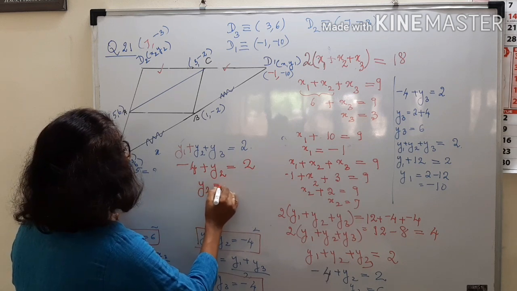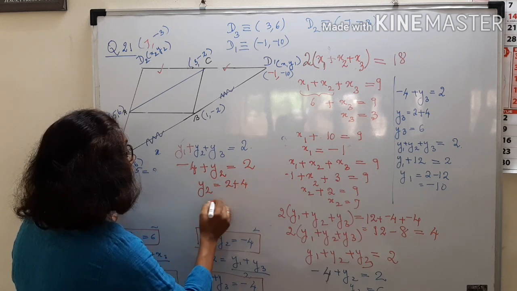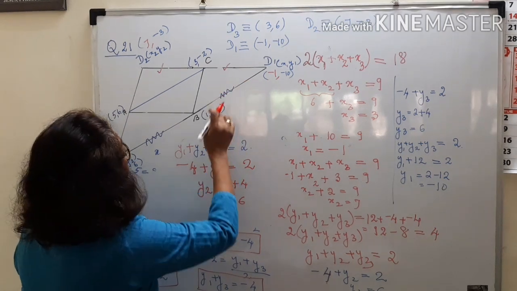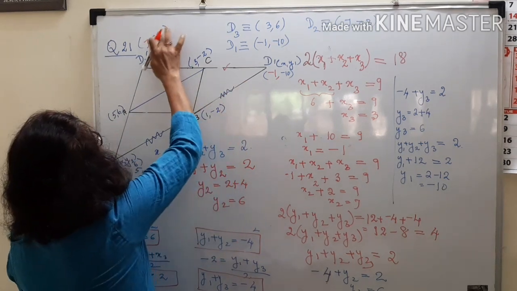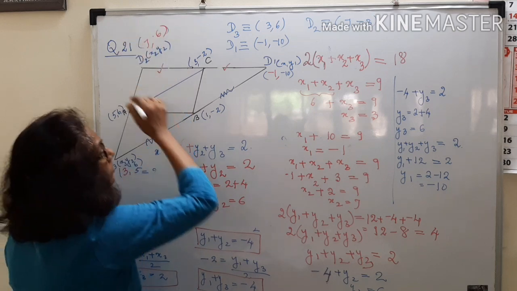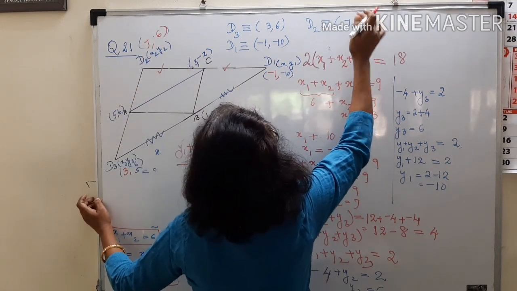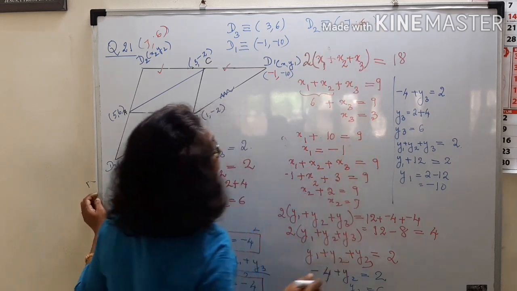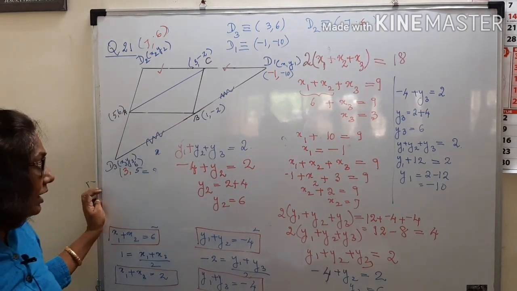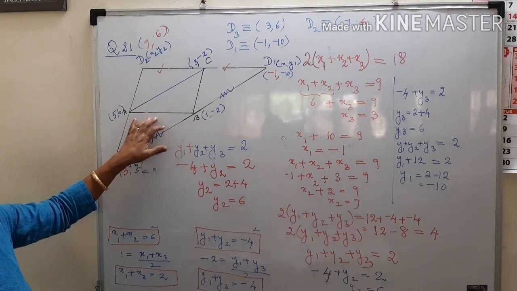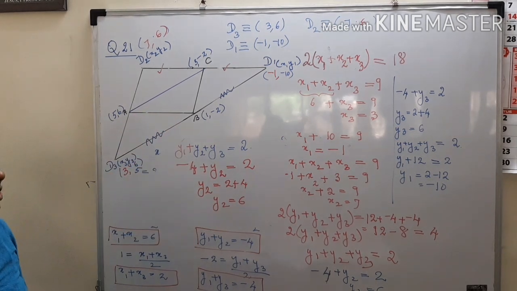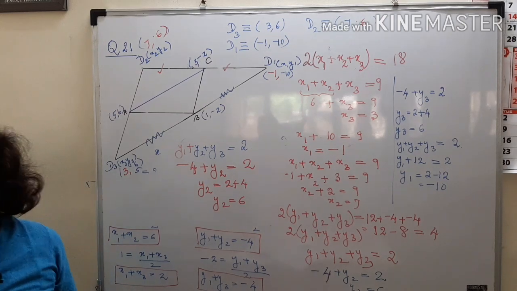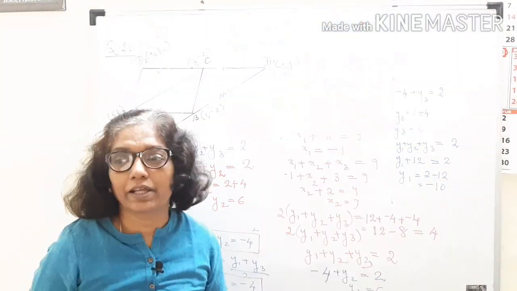Therefore, y2 will be 2 plus 4 and y2 is equal to 6. So, we get y2 as 6 here, and over here D2 x coordinate we have already written and y coordinate will be 6. Thereby, we calculated all possible coordinates of point D in such a way that the newly formed quadrilateral is a parallelogram.